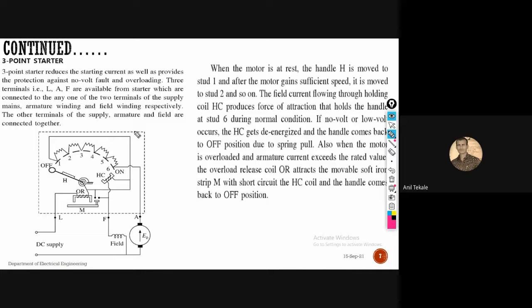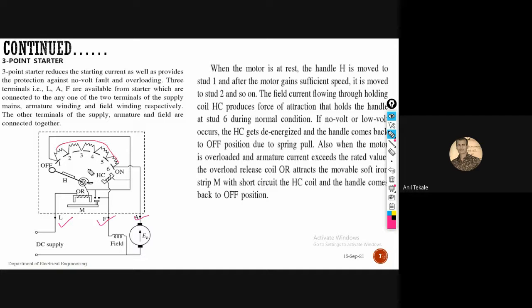Okay, fine, thank you. So again, we will continue from this point. In the 3 point starter, there are three terminals L, F, and A, that is line, field, and armature. L is connected to the overload coil, which is connected in series, and the rod is placed against a spring, with multiple resistances connected in series.